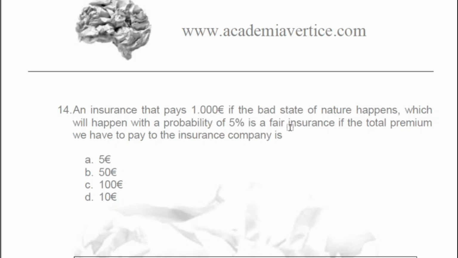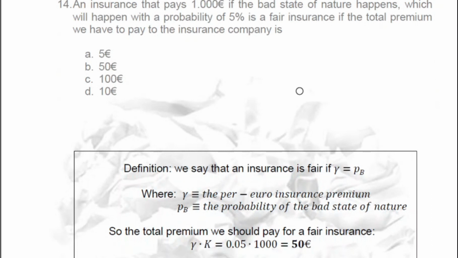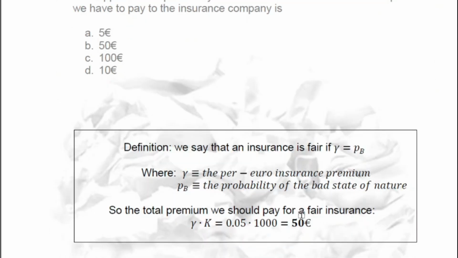So I should pay 0.05 euros for each euro. In short, 0.05 times 1000 is 50 euros, okay?